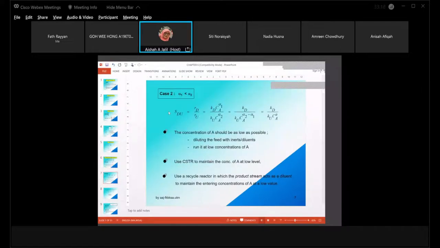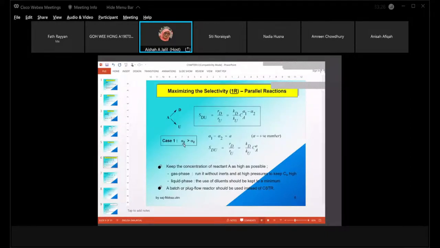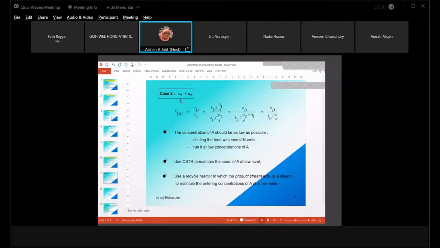Case 2, okay. This one is when alpha 1 is smaller than alpha 2. You can see the case 1 is alpha 1 larger than alpha 2. Now it is alpha 1 smaller than alpha 2, okay. Same equation, same calculation, very simple.